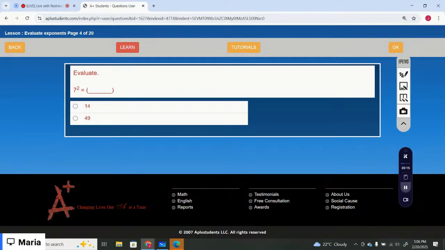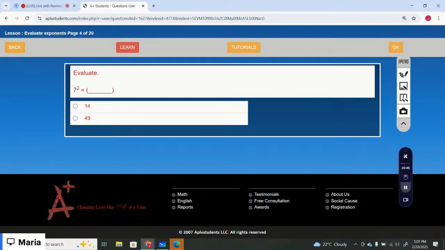Seven square equals, that is 7 square, and 7 square equals 7 times 7.